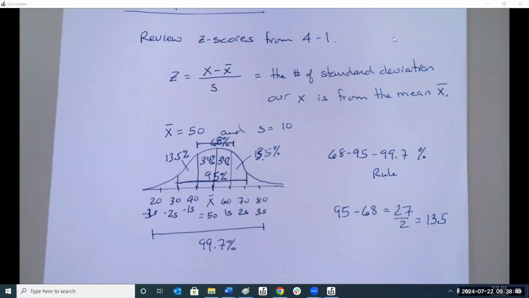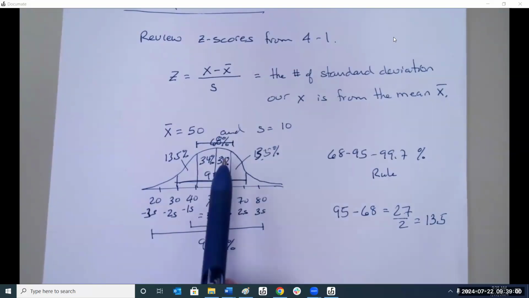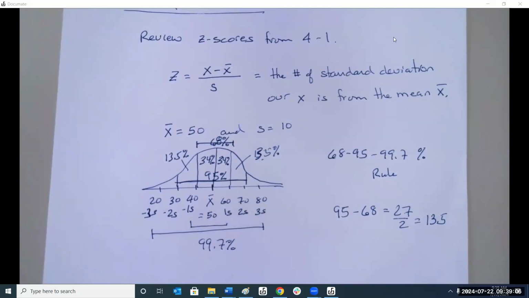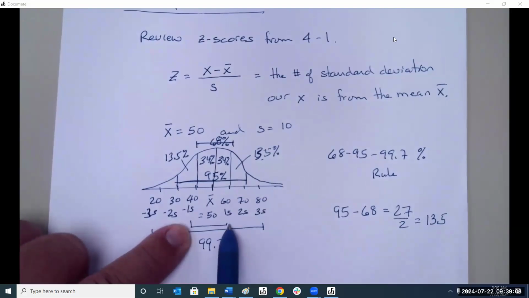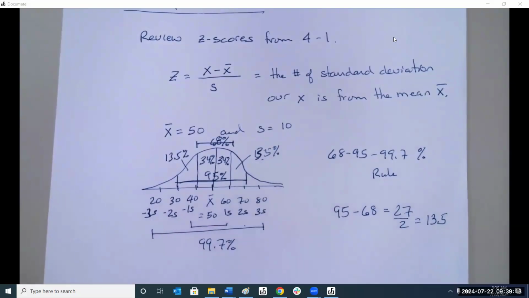So we would count all the numbers from 40 to 60, one standard deviation from the mean of 50, and if we had 100 numbers, 68 of them would be within that first set. Then from the first to the second standard deviation on both sides, on average we'd get 13.5% of the data.